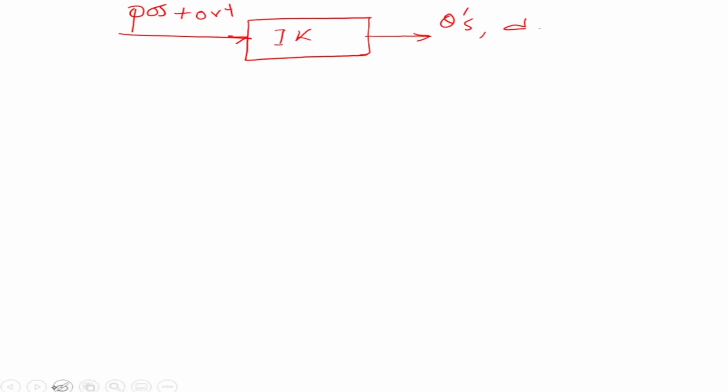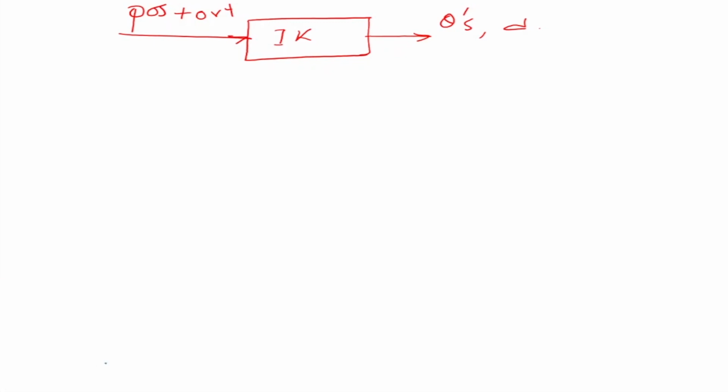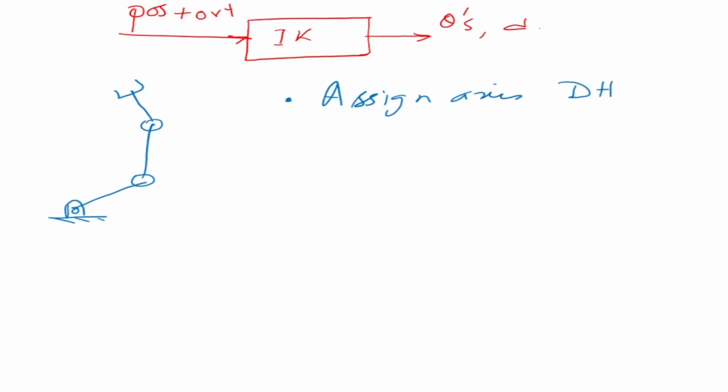Now let's look at the basic process that is followed. The basic process for all manipulators is the same, as for the 2 degree of freedom and 3 degree of freedom systems we looked at. The first thing we do is assign axes as per DH notation.